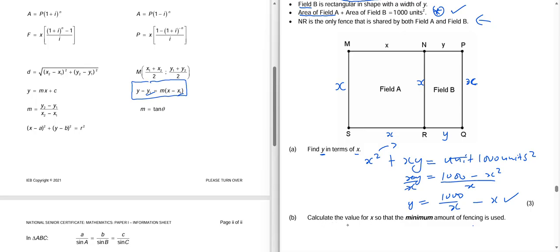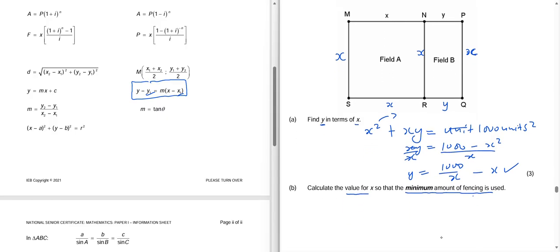Calculate the value of x so that the minimum amount of fencing is used. So now let's start by writing the amount of fencing required to cover this area is equal to what?